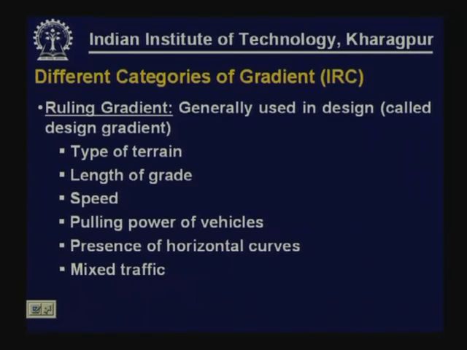When a vehicle negotiates a grade, there will be a loss in speed. The longer the tangent and the higher the grade, the higher the reduction in speed, which is likely to influence the overall traffic operation. So, length of the grade is also another factor.